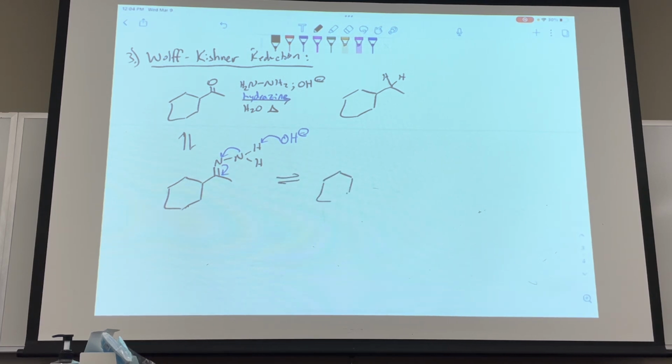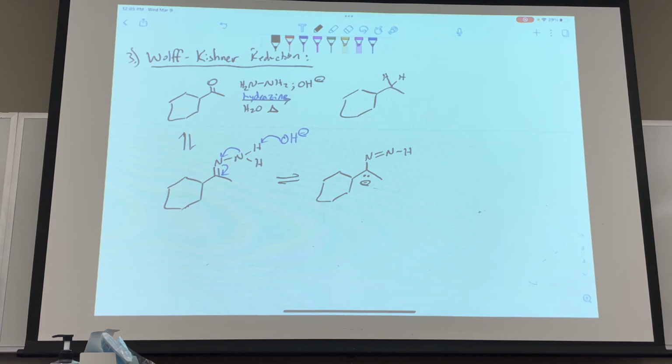So if you follow those arrows through, we should have a double bond now between the nitrogens. Still have one hydrogen on the nitrogen. And then the double bond between carbon and nitrogen here breaks, and those electrons end up sitting at that carbon position. So that's going to be the intermediate that we make.